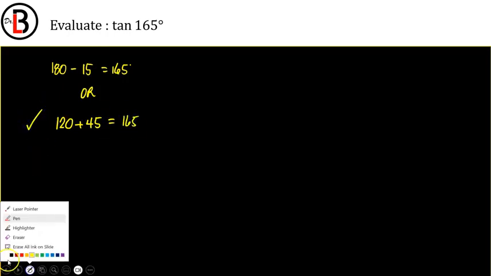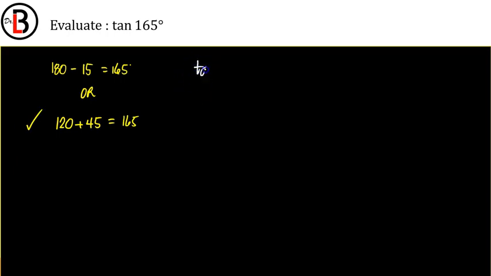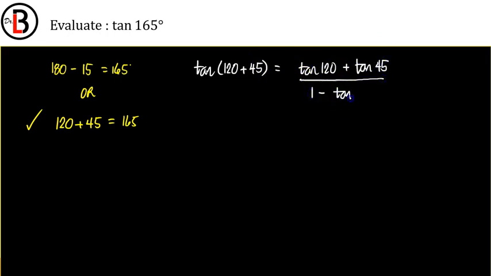So let's try. If this gives us tangent of 120 plus 45, we could say this is tangent 120 plus tangent of 45 all over 1 minus tangent of 120 tangent 45.